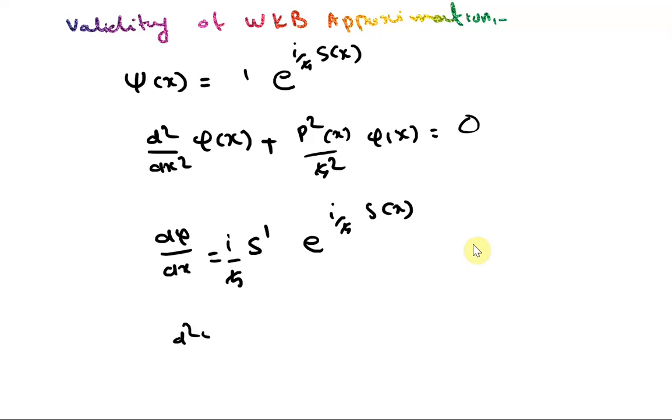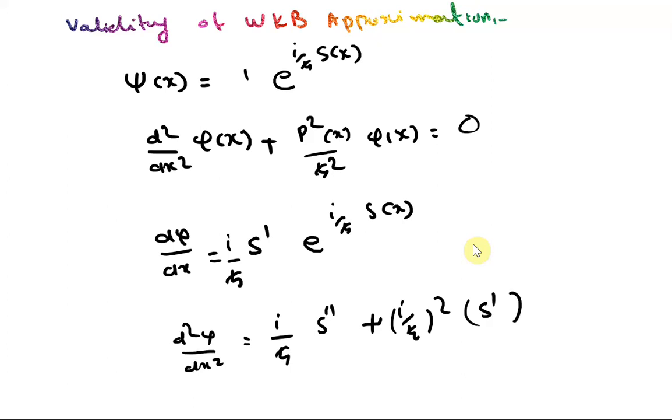When you are taking d square psi by dx square, you have two terms. The first term will be i by h cross s double prime, times this quantity, plus another one from again differentiating, which will again produce i by h cross. It will become i by h cross square, with s prime, and one more s prime will come, so it becomes s prime square. The same exponential term repeats and is common for both terms, so commonly it will go to the right-hand side and become 0.